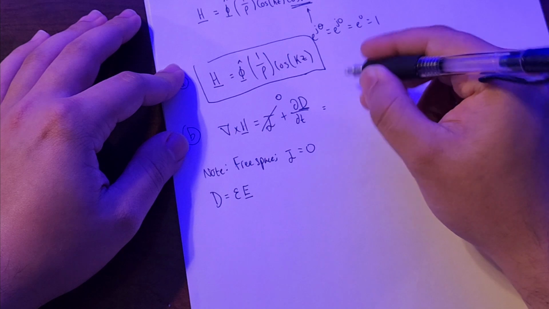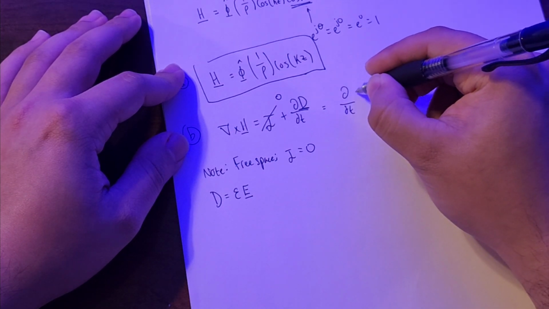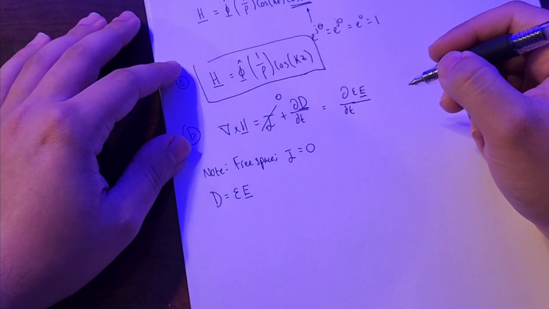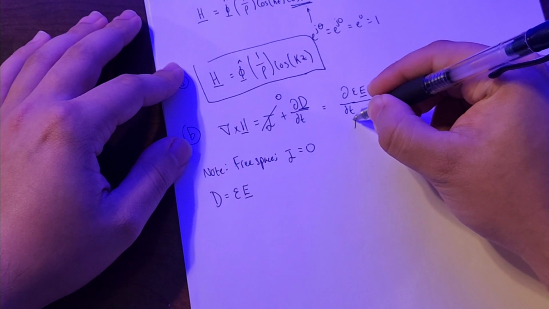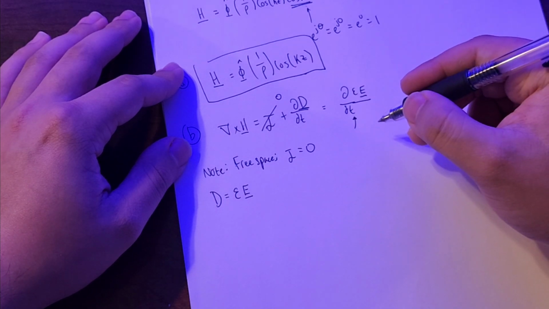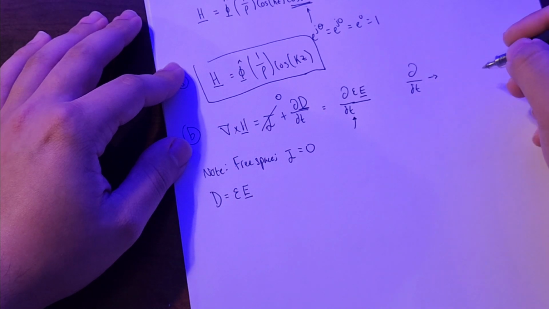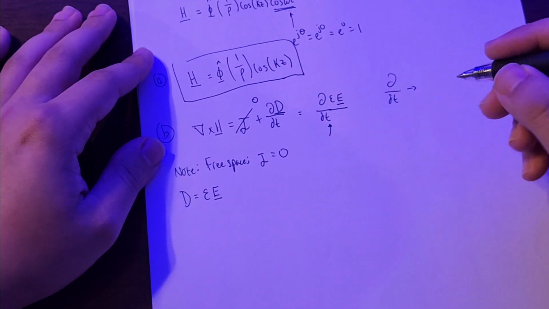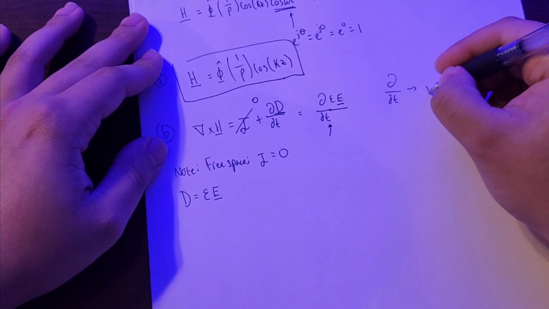The curl of H is equal to the partial with respect to t of epsilon E vector. Now we're in the phasor domain. Remember, we don't want any time here. How do we change partial of t to make sure it's in the phasor domain, which again is frequency domain? What we do is we change this partial to j omega.